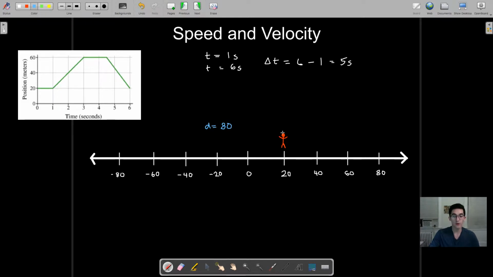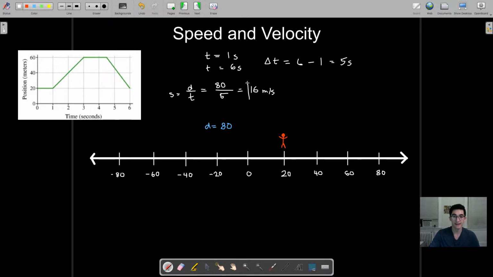And so if we want to calculate our speed, we know that speed is just our distance over our time interval, distance over time. And so I would just take 80, put it in the top for the distance, and 5, put it in the bottom for the time, and I would get a speed of 80 divided by 5 is 16 meters per second.